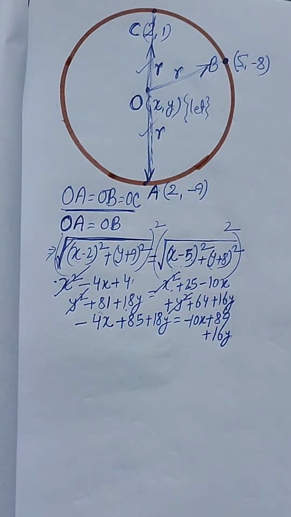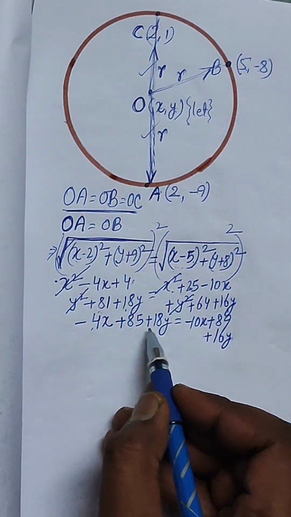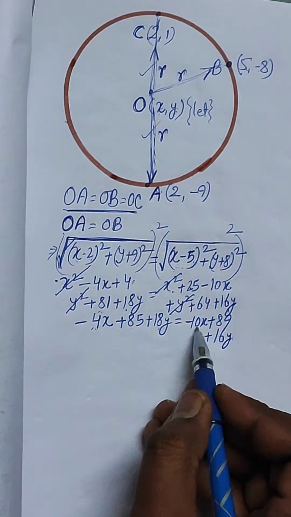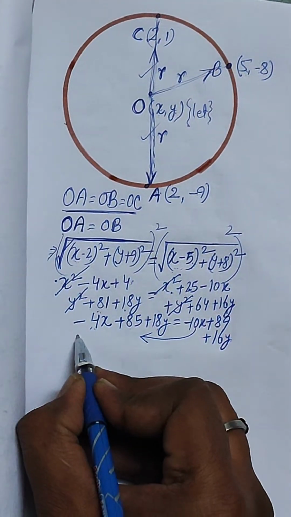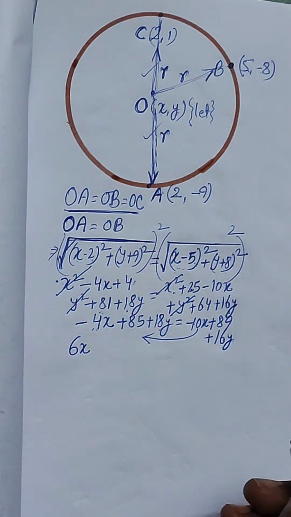So when you solve it, minus 4x plus 85 plus 18y. When minus 10x comes to the LHS, it becomes plus 10x, and 10x minus 4x becomes 6x.